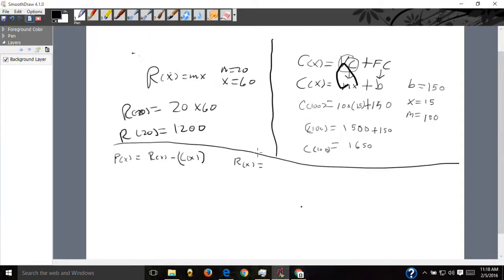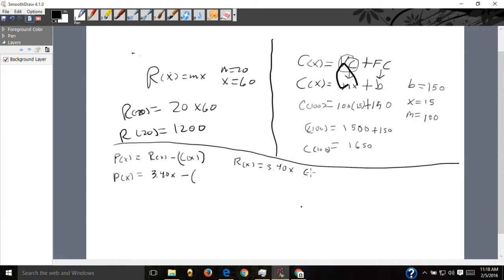So let's go ahead and put $3.40 X for quantity sold. Okay, so I already figured out the first part of my profit function. Okay, so $3.40 X minus, alright, let's figure out this C of X portion.